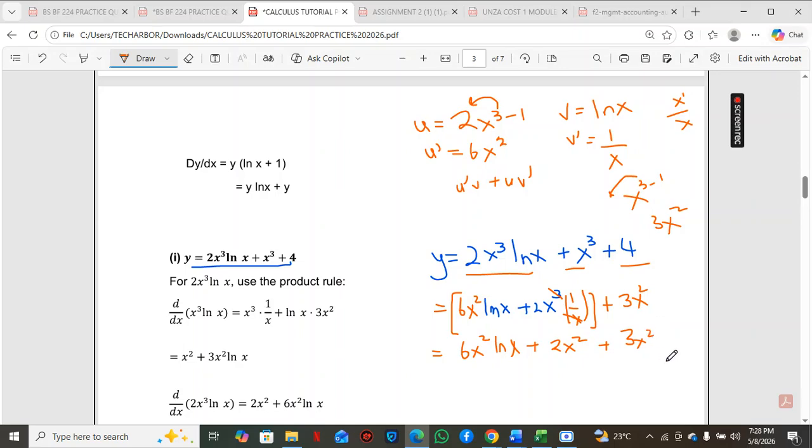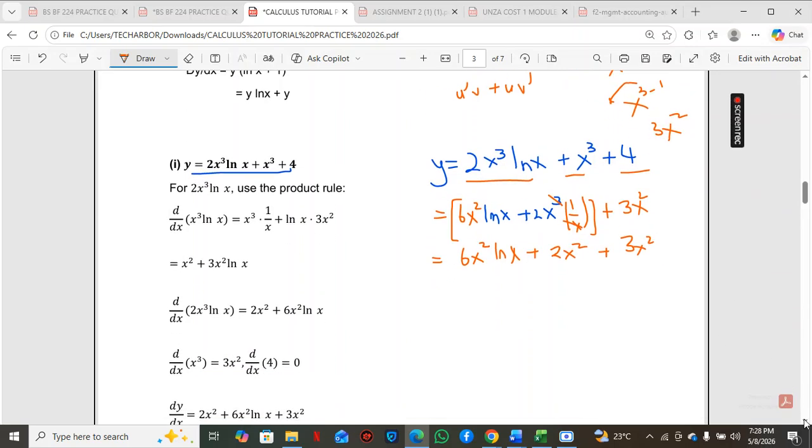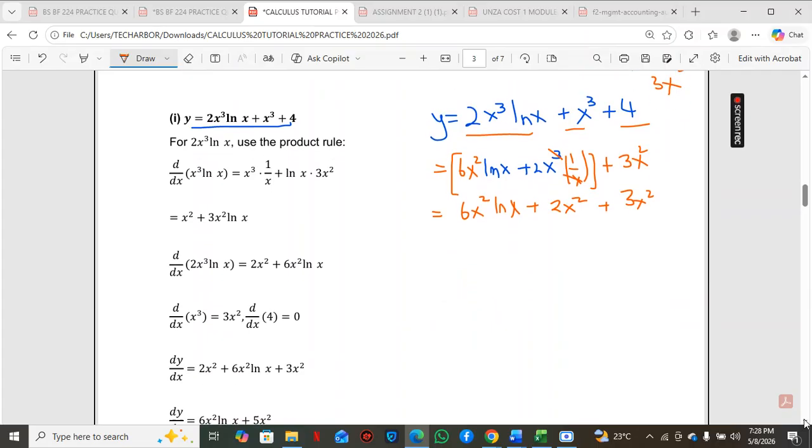Meaning we can still simplify this further. 2x squared plus 3x squared, that's 5x squared. So you have 6x squared natural log of x plus 5x squared. That is the answer.